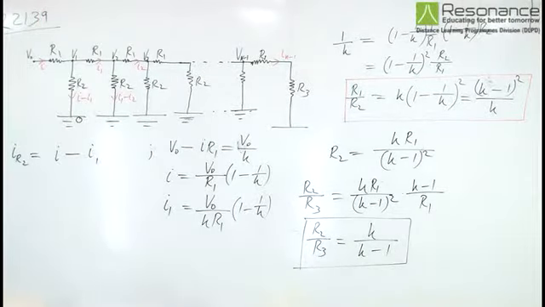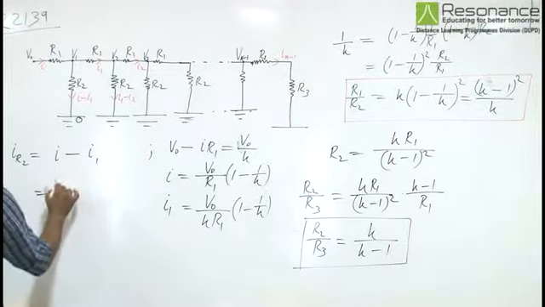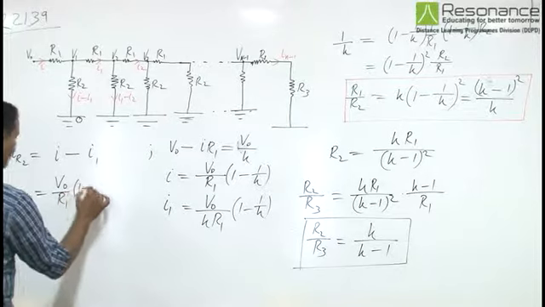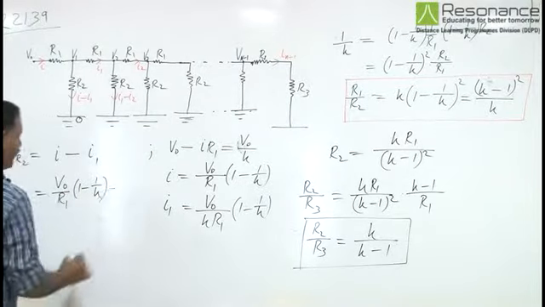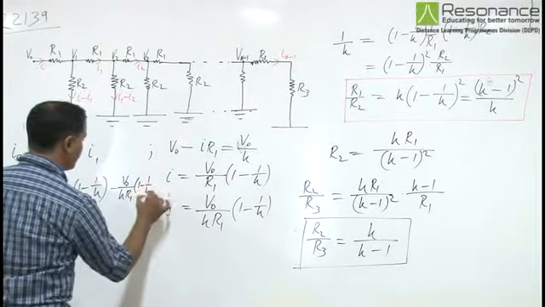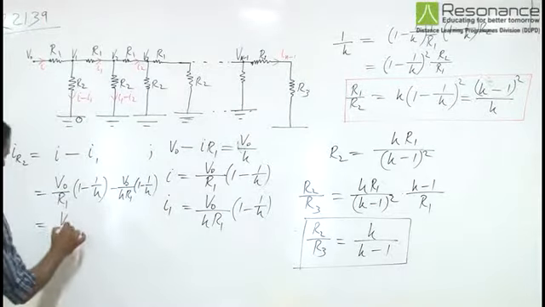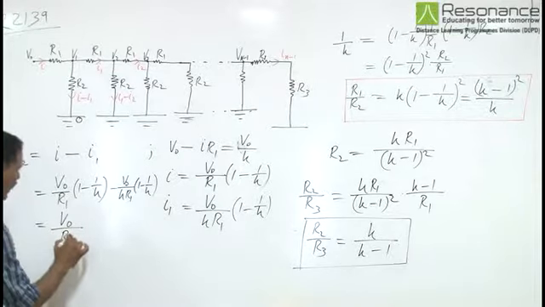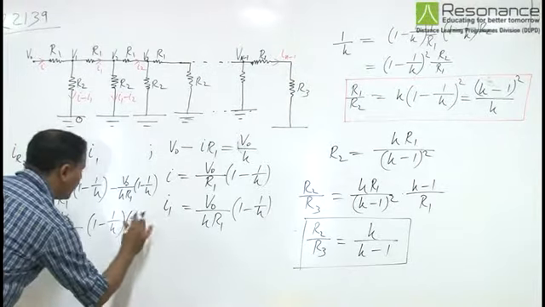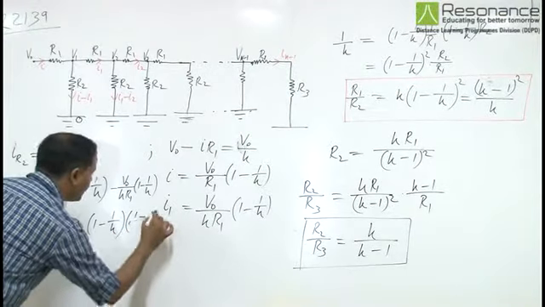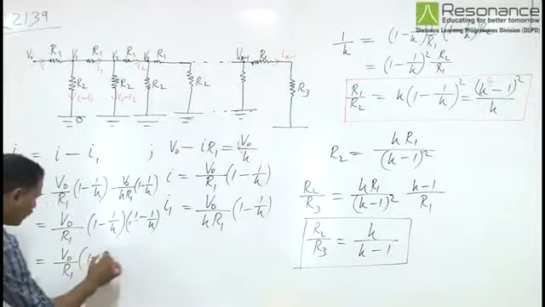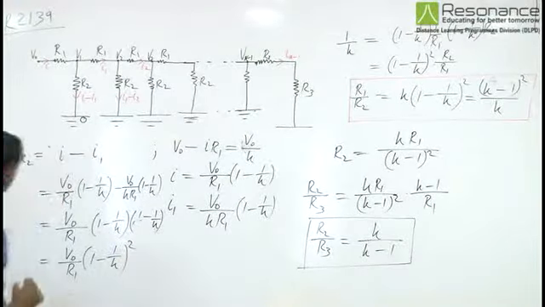So if we put in the values, we have V0 by R1 into 1 minus 1 by K minus V naught by K R1 into 1 minus 1 by K, which is equal to V naught by R1 into 1 minus 1 by K into 1 minus 1 by K, or V naught by R1 into 1 minus 1 by K whole square.